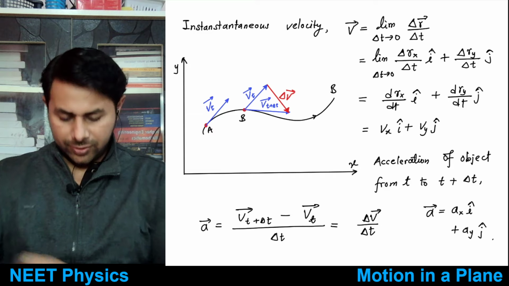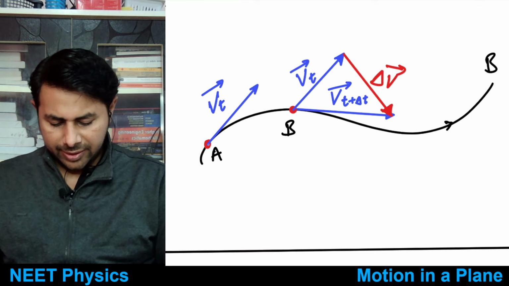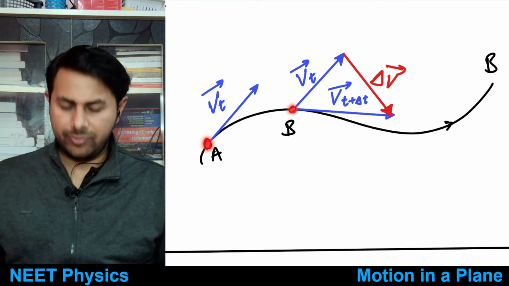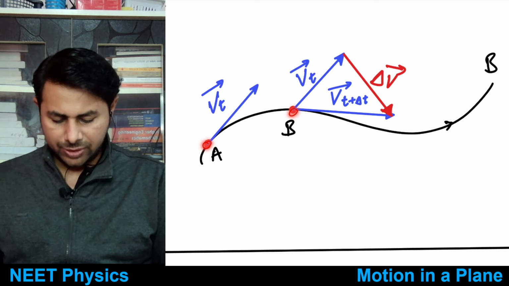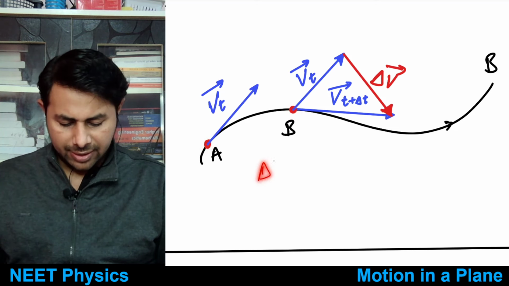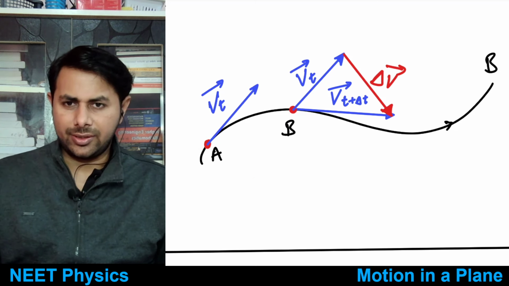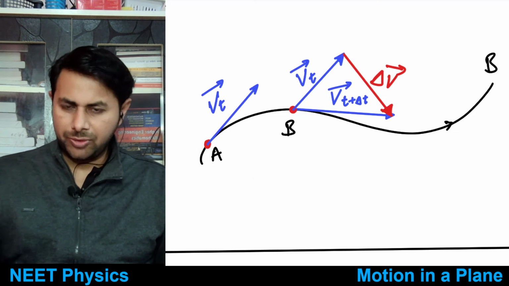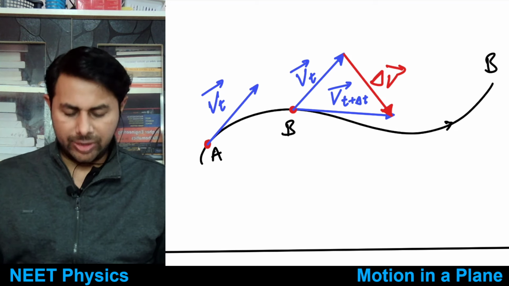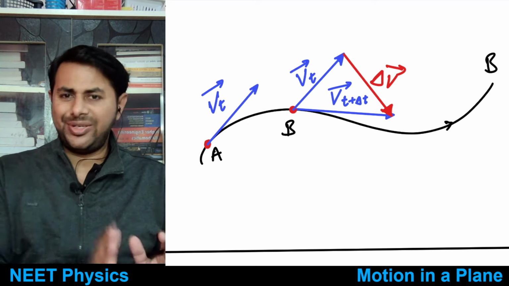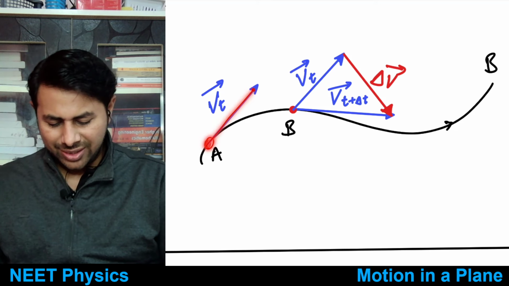Now suppose the particle moves from here to here. Suppose our particle moves from A to B in time delta t. Now we want to find out the change in velocity. Suppose we know the magnitude and the direction, which will be along the tangent.